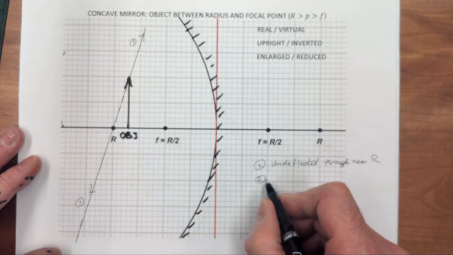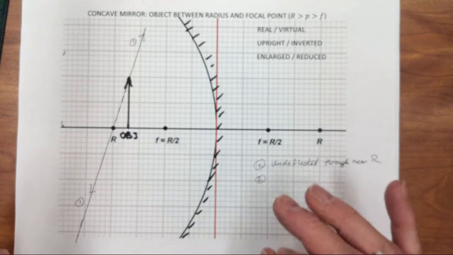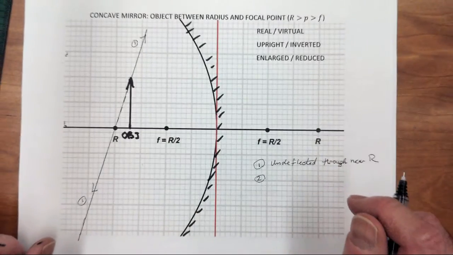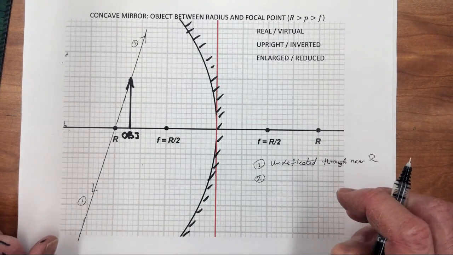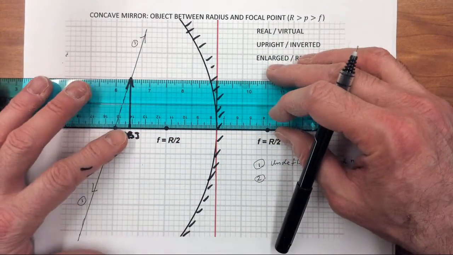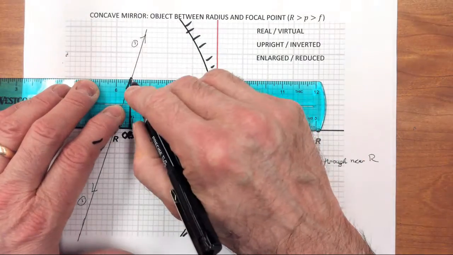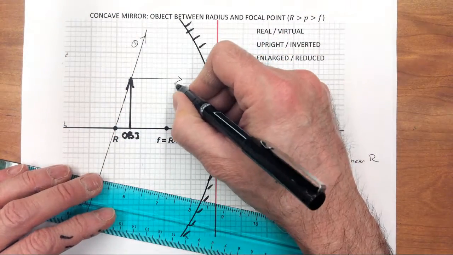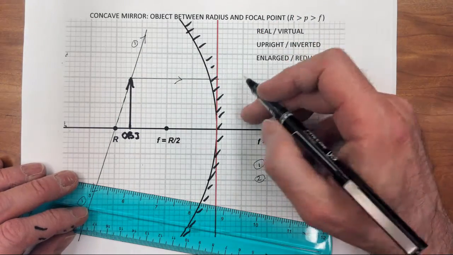Now, number 2 and 3 are the two rays that have in common that there's a parallel beam parallel to the axis, and there's some action through the near focal point if it's a concave mirror. So let's just draw the incoming parallel beam like this, and it gets to that red line, and then what?